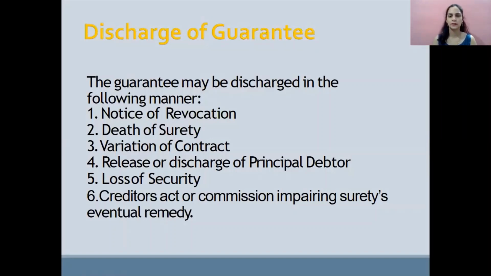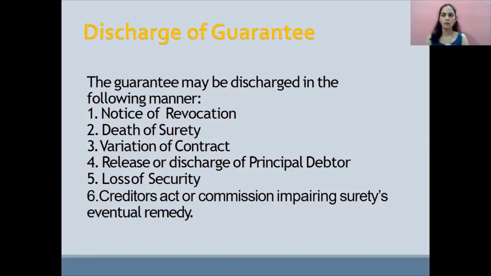If the guarantor, the debtor or the creditor has cancelled the contract and given such notice to all the parties, then all the parties are discharged or freed from their respective liabilities arising out of that contract. Notice in written form is sent to all the parties.